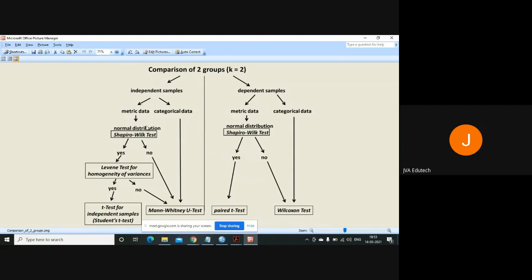Now the next step is to test for normal distribution. For checking normal distribution, we have two numeric methods and two graphical methods. So first I'll go for a numeric method.